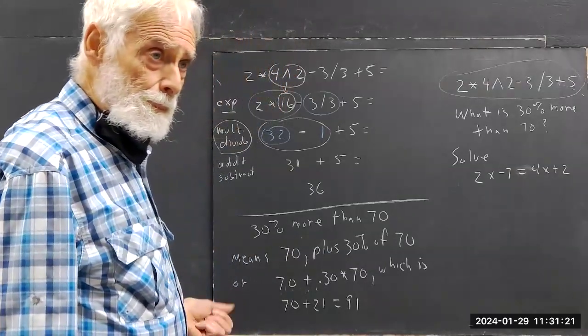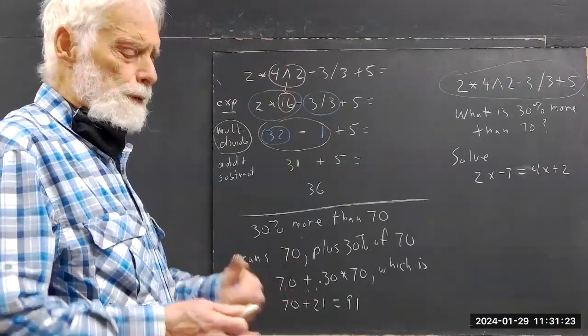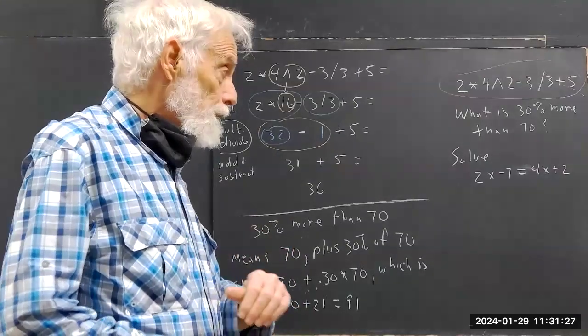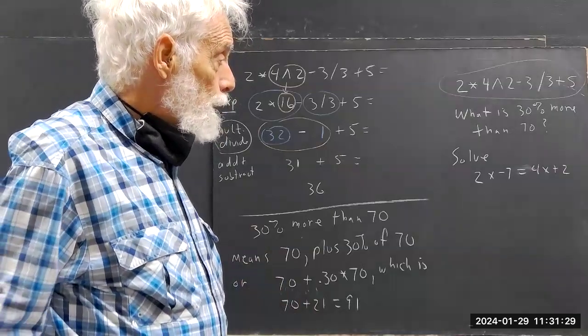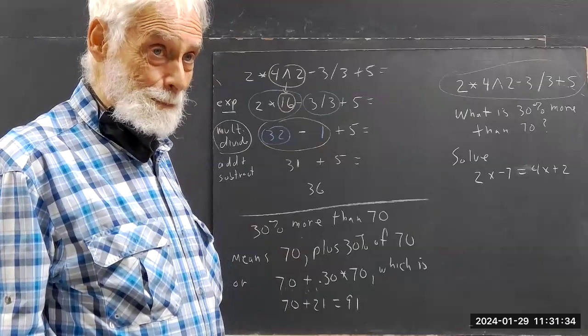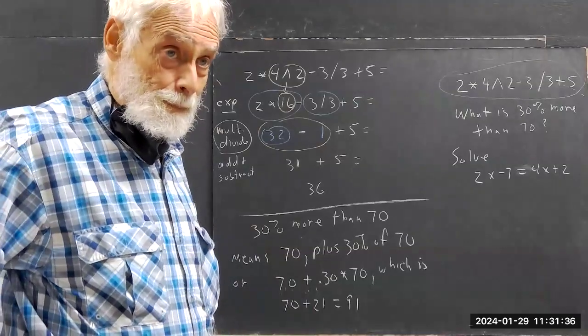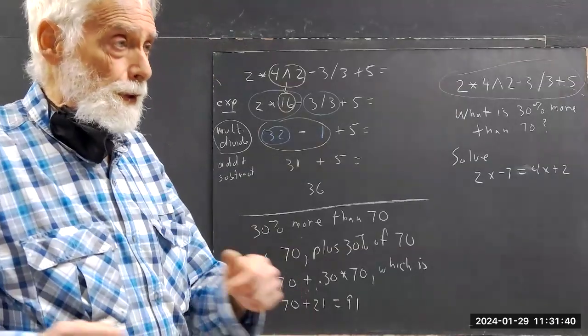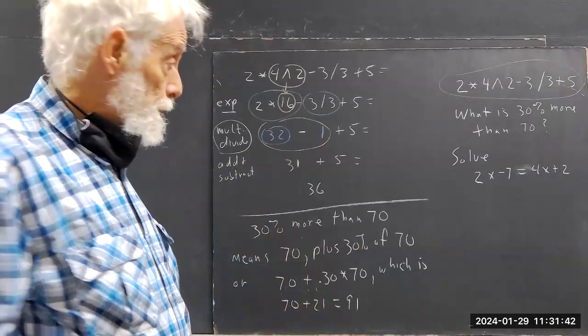Make sense? Make sure you understand this example, but you're going to get a lot more in your book. I was tempted to put one down that says, 30% more than a number is 150. What's the number? That's a little hard. Well, you're going to see that in the book. I might talk about it some, but you're going to see that in the homework and addressed in the text.